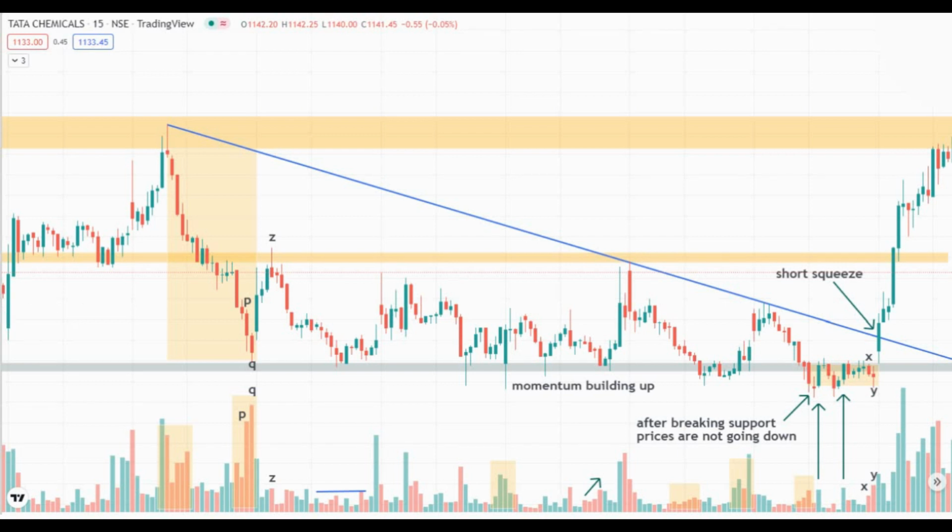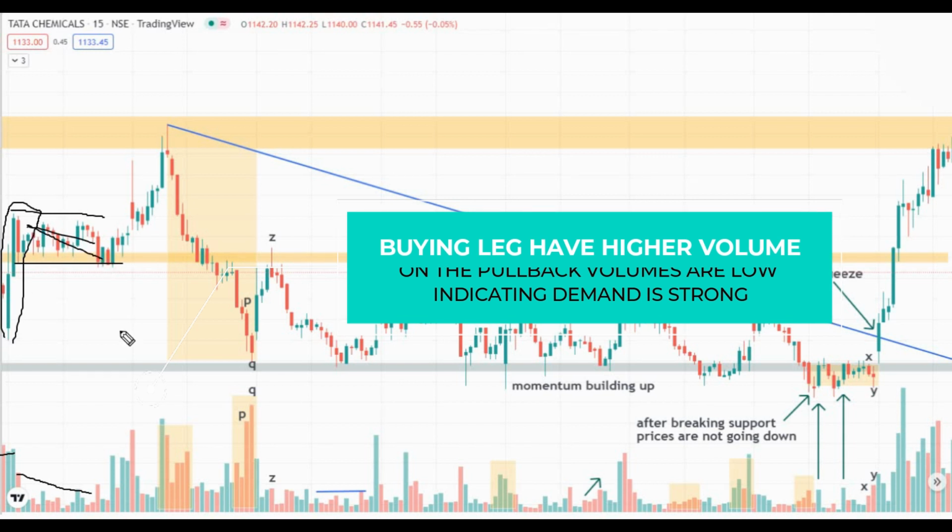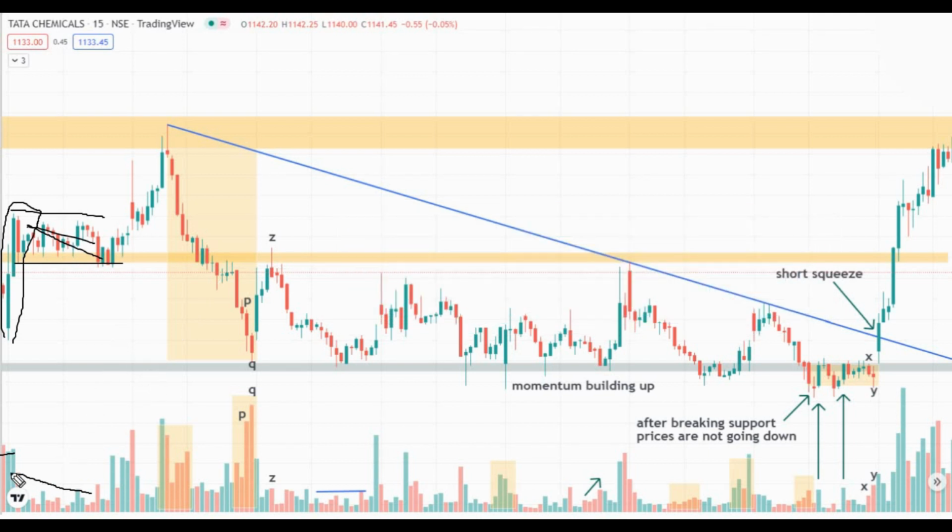After that, what happened? Prices consolidated in this range. Now look at the volume. The buying happened on very good volumes, but what happened to the selling? On the pullback leg, the selling was very low. So we could say that the expansion phase has higher volume and the retracement leg is of lower volume.